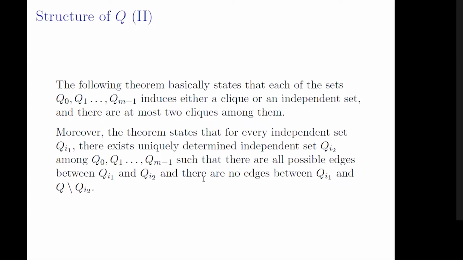Moreover, the following theorem, which is on the next slide, states that for every independent set Q_{i1}, there exists a uniquely determined independent set Q_{i2} among Q0, Q1, up to Q_{m-1}, such that there are all possible edges between Q_{i1} and Q_{i2}, and there are no edges within Q_{i1} and Q_{i2}.